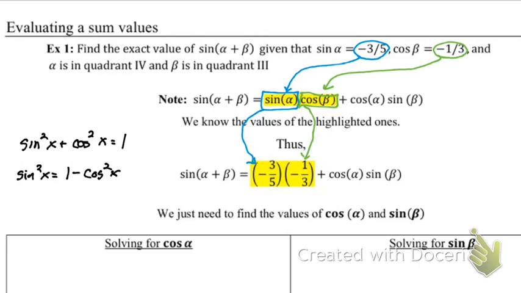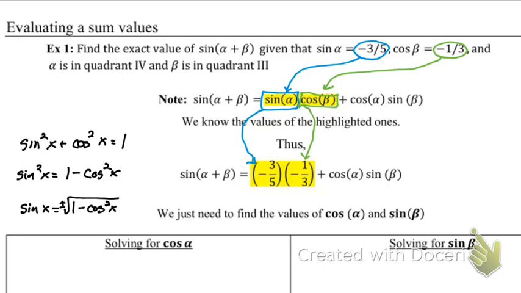I'm going to go one step further and take the square root of both sides and be able to say that sine of x equals the square root, plus or minus, of 1 minus cosine squared x.